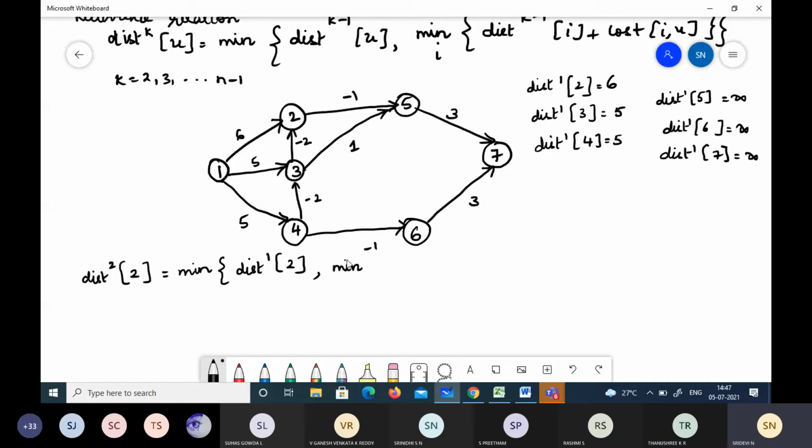Minimum, over I, where I varies over all vertices, of the distance of k minus 1 from 1 to I plus the cost of I comma 2.